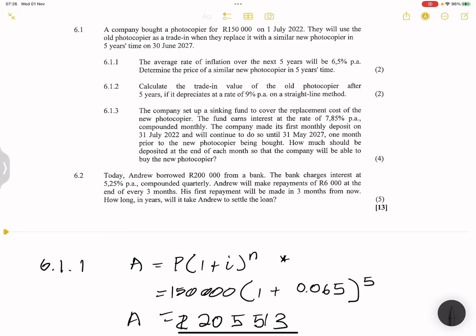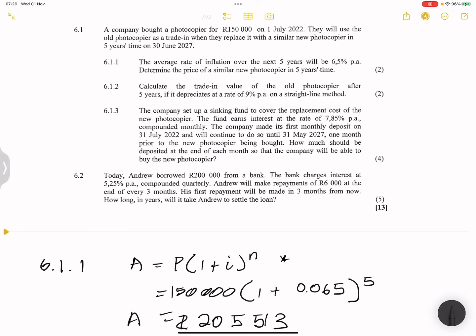Now they say the company sets up a sinking fund to cover the replacement cost of the new copier. The fund earns interest of 7.85% per annum, compounded monthly.